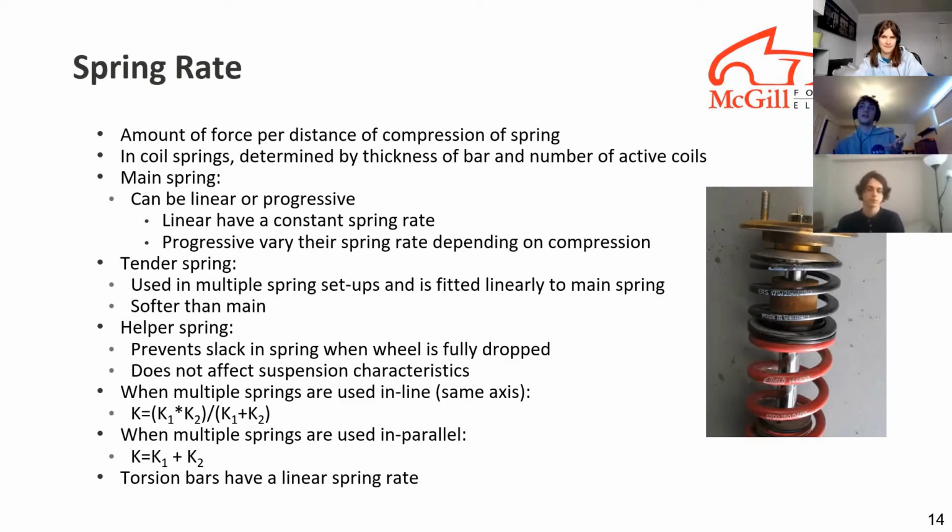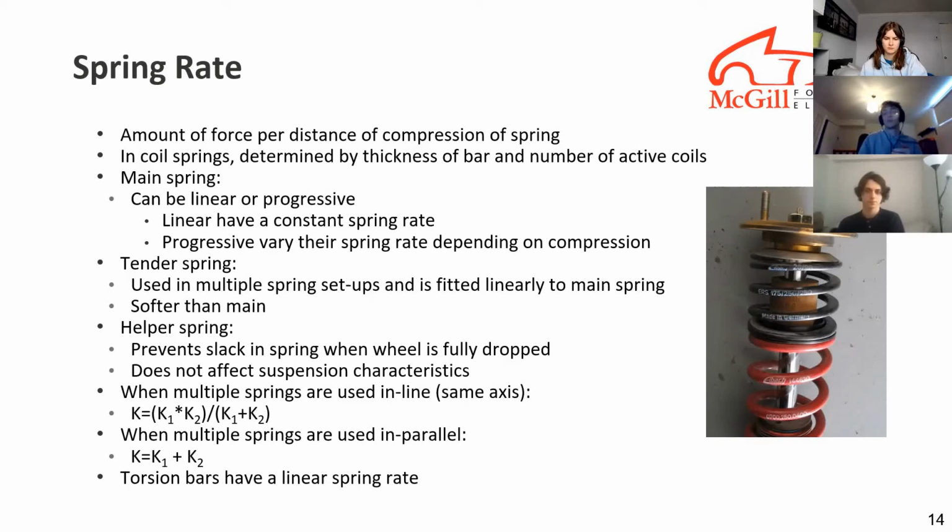The tender spring is a spring that is used to create a softer start of the suspension and then a stiffer suspension. The tender spring is usually softer than the main spring, and will be put in line.